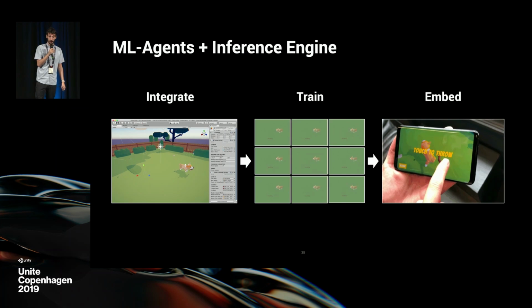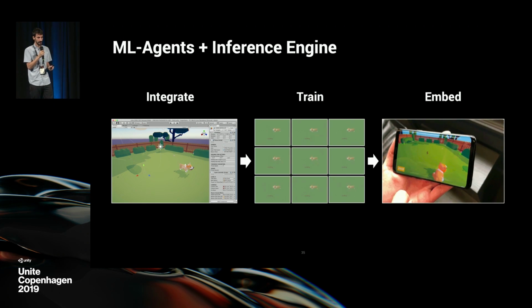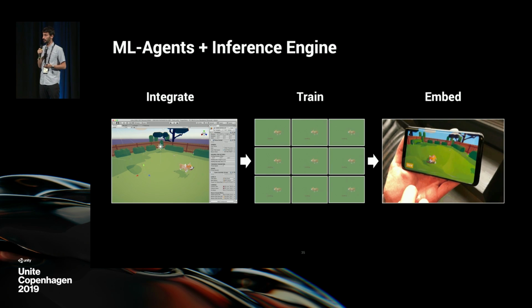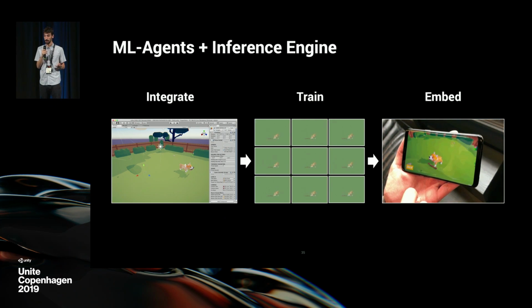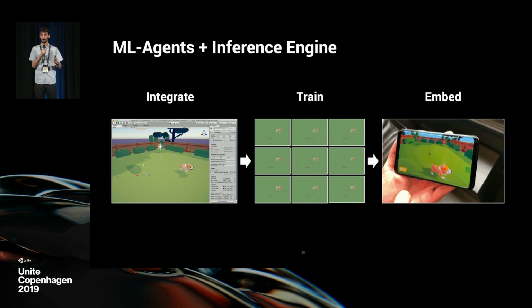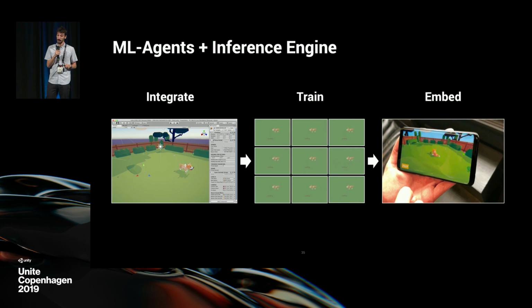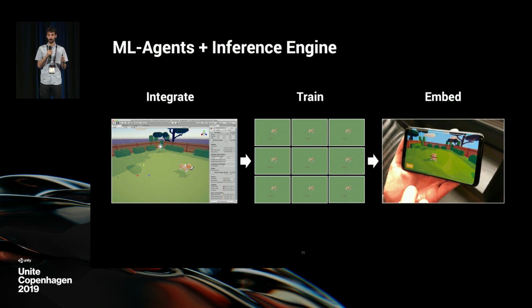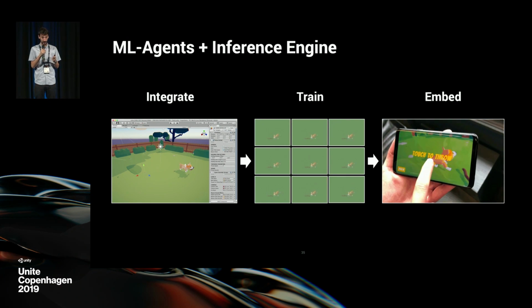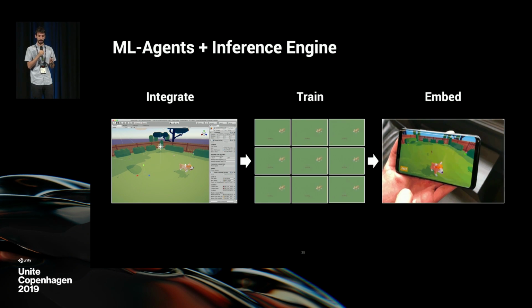Now, I will talk about the toolkit in a little bit more detail. There are three steps in order to be able to create intelligent agents in your game using the Machine Learning Agents toolkit. First, you have to integrate the toolkit into the game. Then you go through a training phase where the agent will just play the game, collect data, and try to get better and better at playing the game using that data.